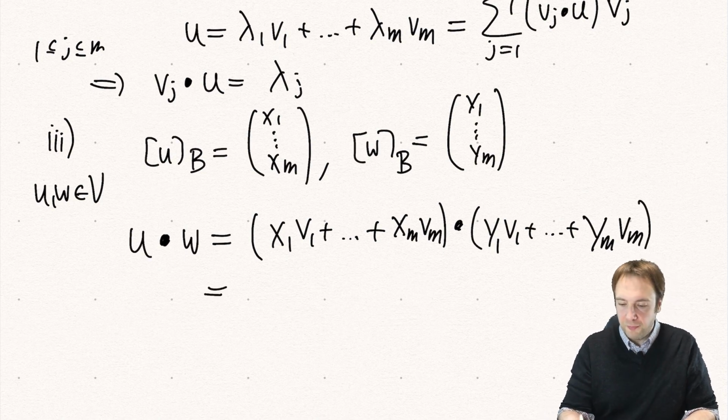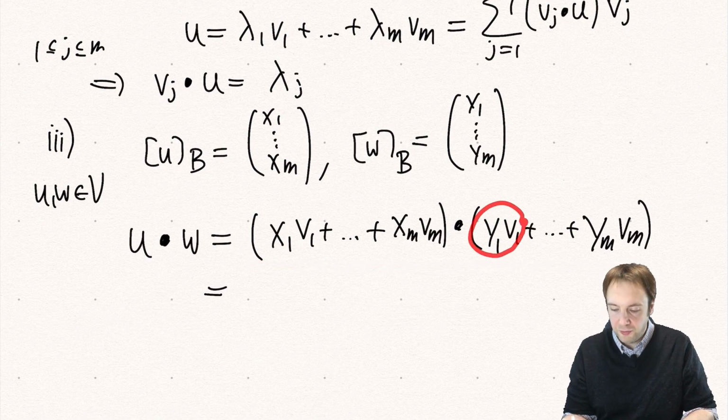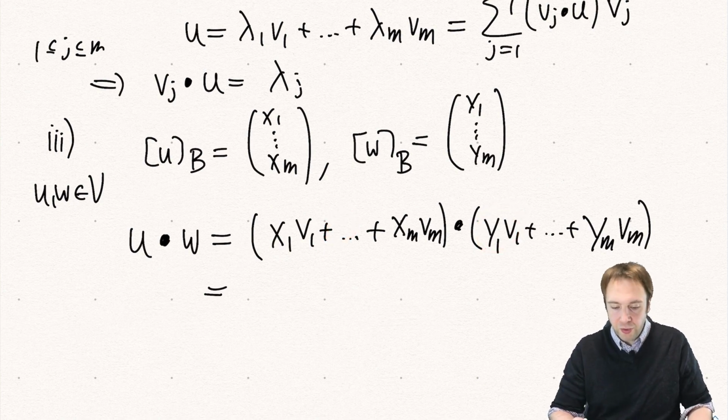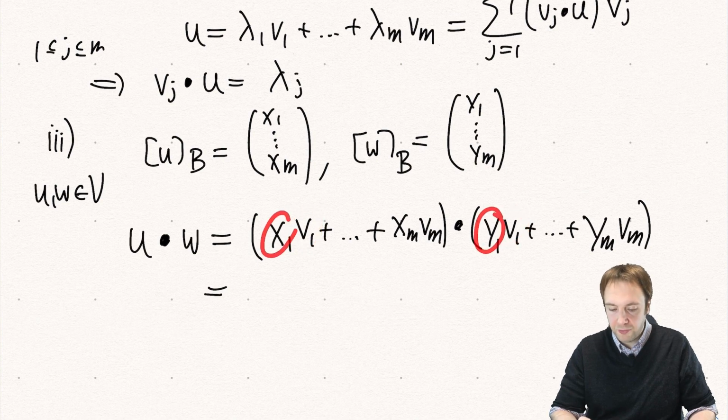And now we can multiply this out, meaning I need to take a dot product of this with this, plus the dot product of this with this, and so on. But now we can use again that these v are an orthonormal basis. So if I take the dot product of this with this, this factor I can always put outside, but the dot product of v1 with v1 will be 1.